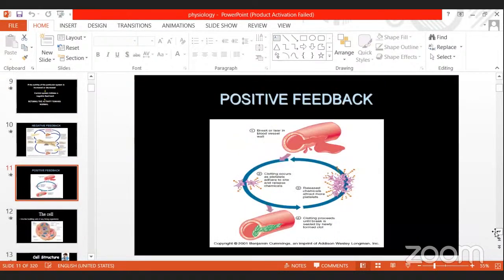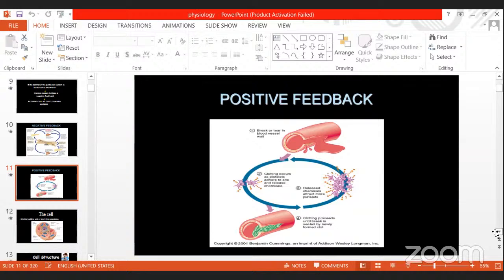Coming to the positive feedback mechanism, it is the mechanism by which the system will act increasingly. Means if there is a change or a decrease, the system increases the action up to a physiological limit. There are mainly three examples we can see. The first is blood coagulation.